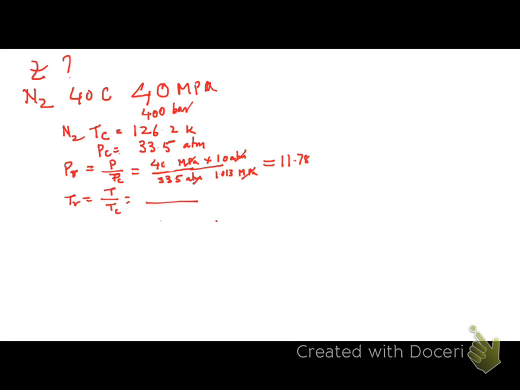So 40 degrees Celsius plus 273, that'll be K, divided by TC, which is 126.2 K. So what will that be? 2.48. Okay, I'm taking for granted 2.48.